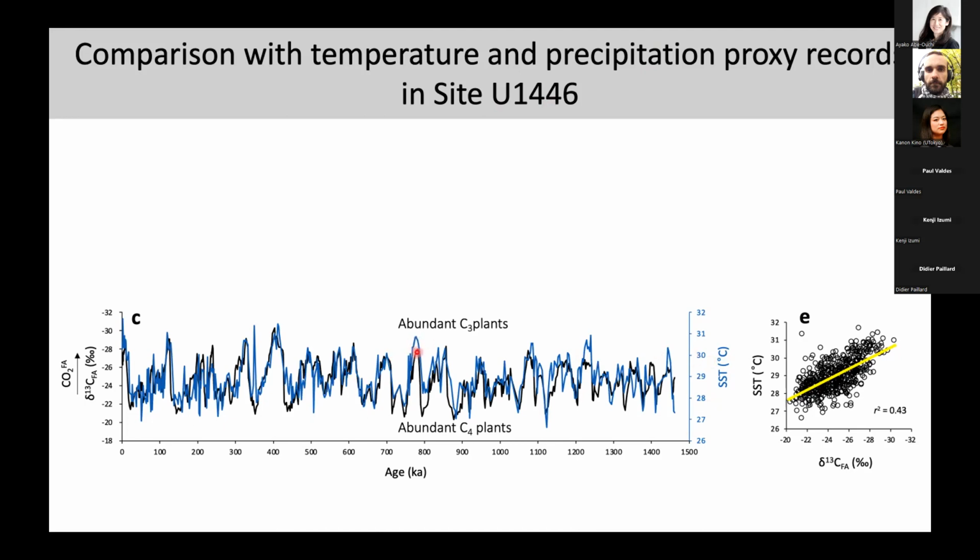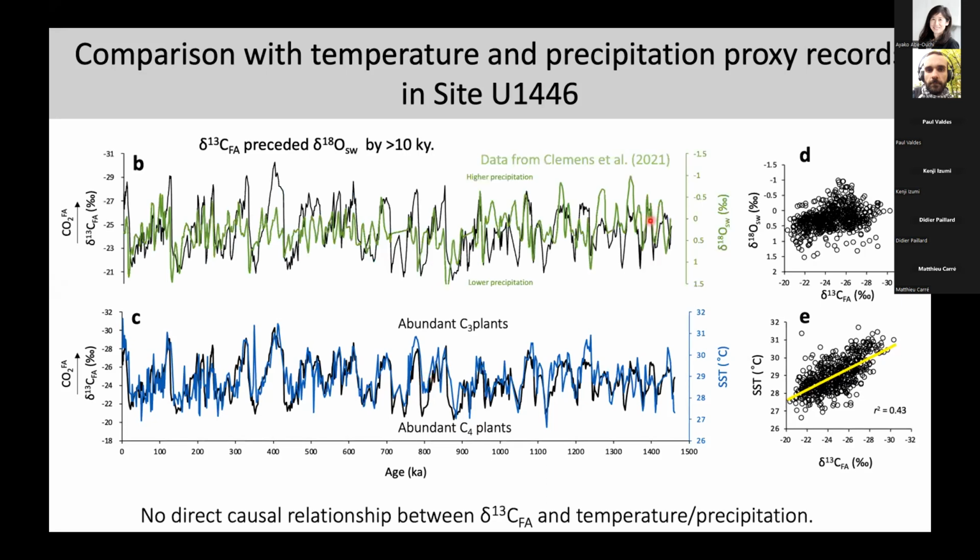Then during this period, C3 plants were more abundant. So theoretically and physiologically, C4 plants are expected to be more abundant in warmer and hotter climates. But the result is opposite to theoretical thought. So this suggests that the temperature was not a major factor affecting the C3, C4 vegetation.